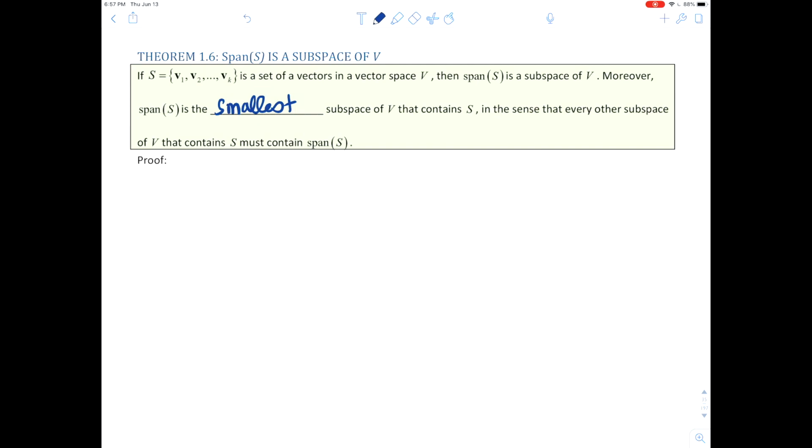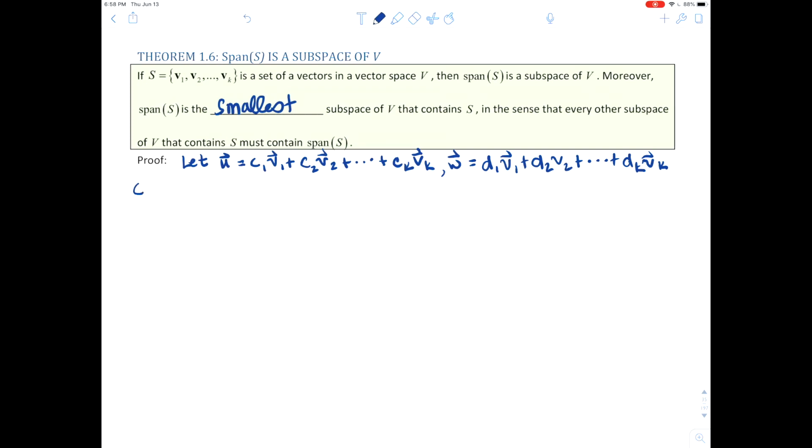Let's set up everything we need. Let u equal this linear combination, c1 v1 plus c2 v2 plus ... plus ck vk, and the vector w can be another linear combination of the set S, just with different scalars: d1 times v1 plus d2 times v2 plus ... plus dk times vk.